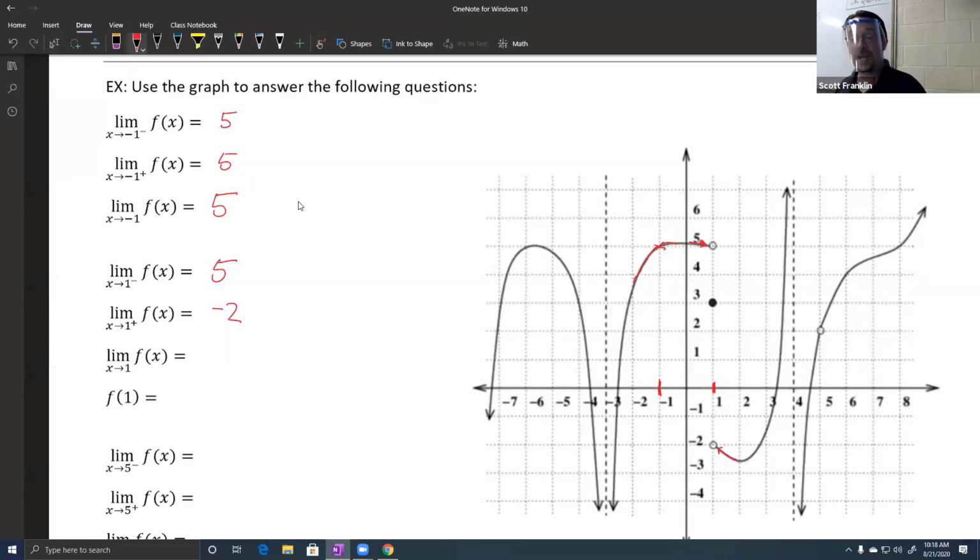So what we will say in these circumstances is the limit does not exist. Or I can write it as a backwards E with a line through it. That's my preferred notation. But both of those mean does not exist.